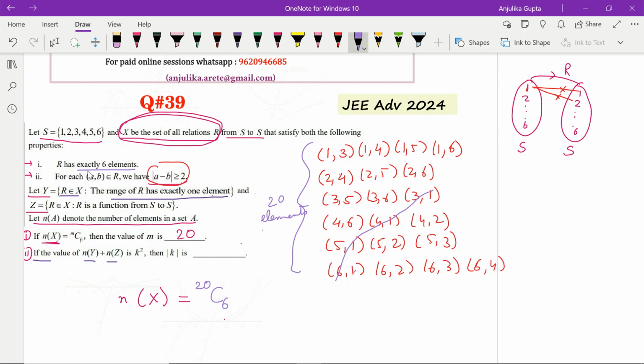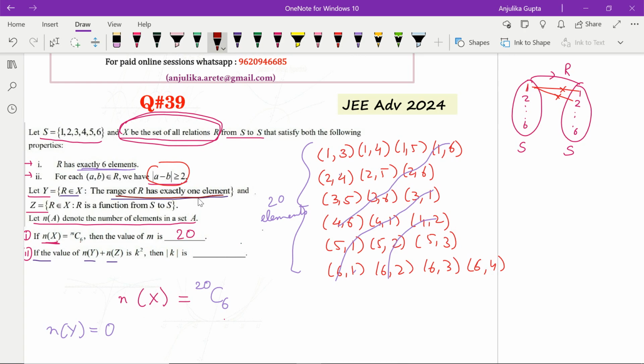But I need exactly six elements in R. Even if you check with 2, you have only 3, and with 6, you have only 4. So there is no relation in X such that the range of R has exactly one element. So the number of elements in Y will be 0.